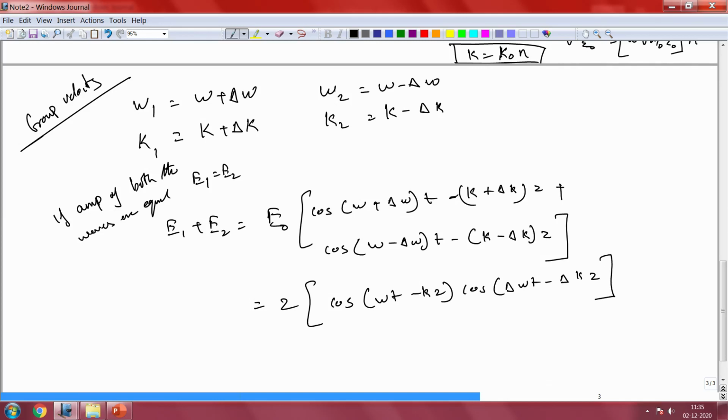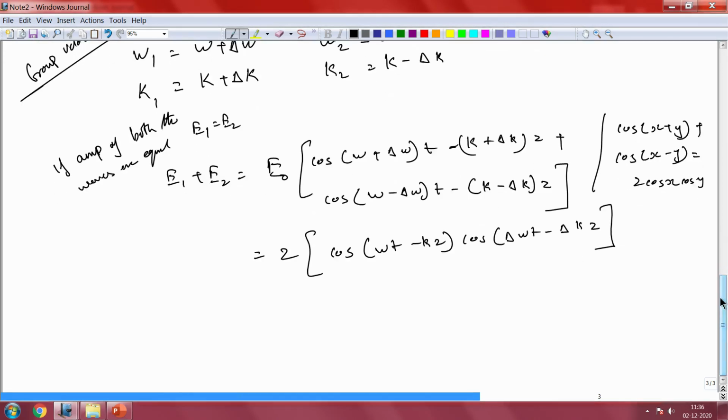This is just an identity: cos(x plus y) plus cos(x minus y) is equal to 2 cos x cos y. I applied this identity here, and when you apply it, you get something of this kind.